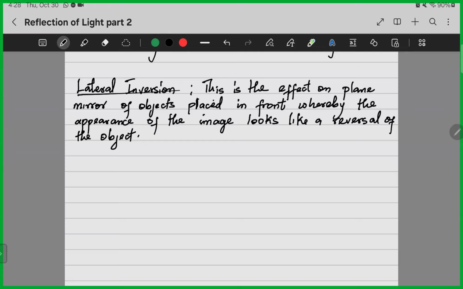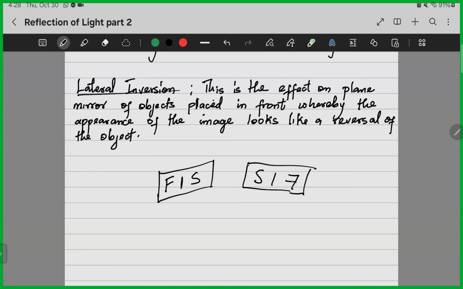Let's keep moving. I remember the picture of lateral inversion is something like this. Let's say this is what you have. Let's say I have FIS here. What I'm going to see is kind of SI, so something like this.